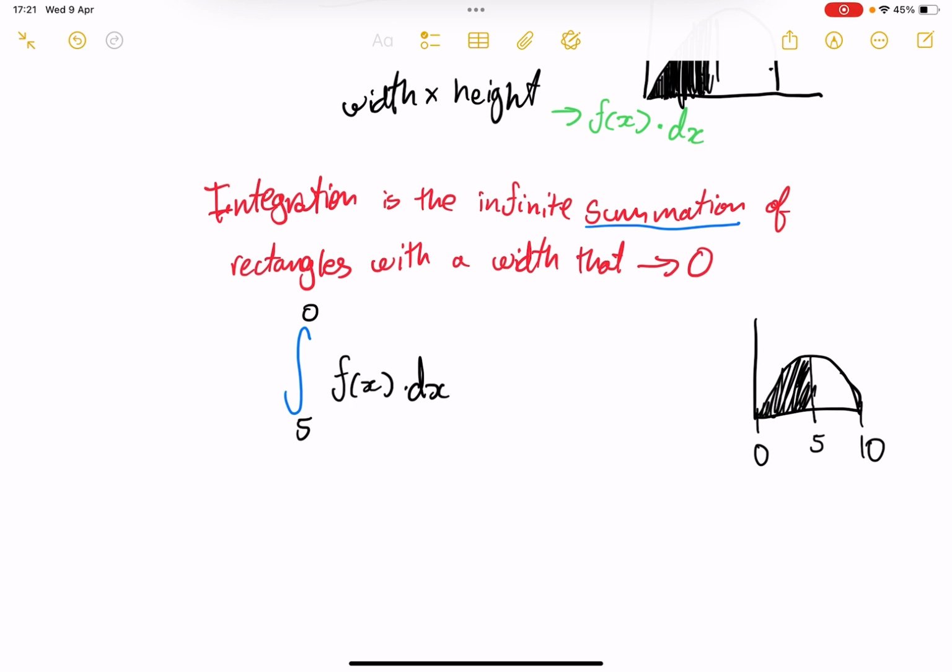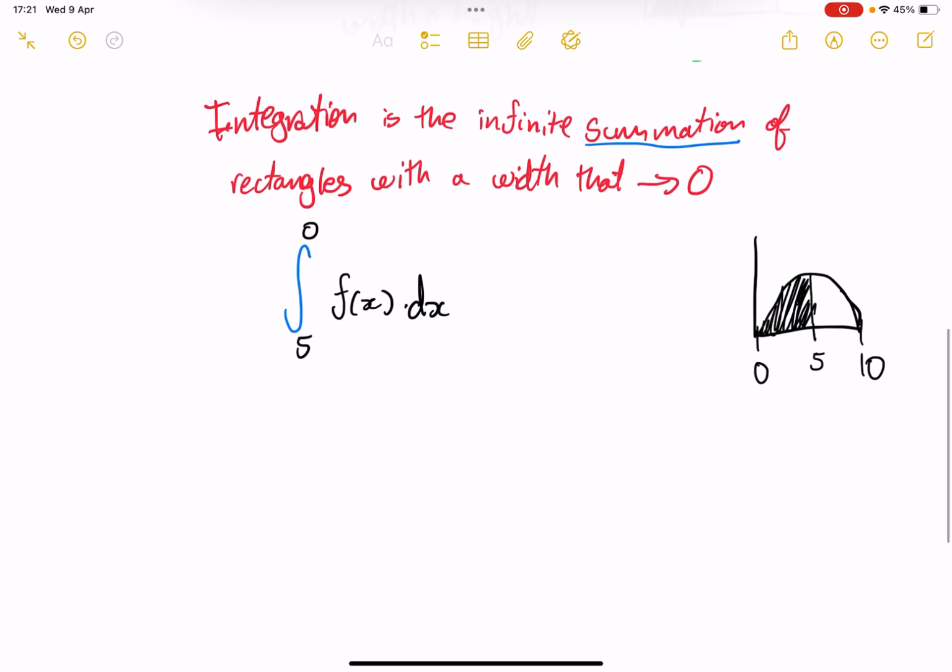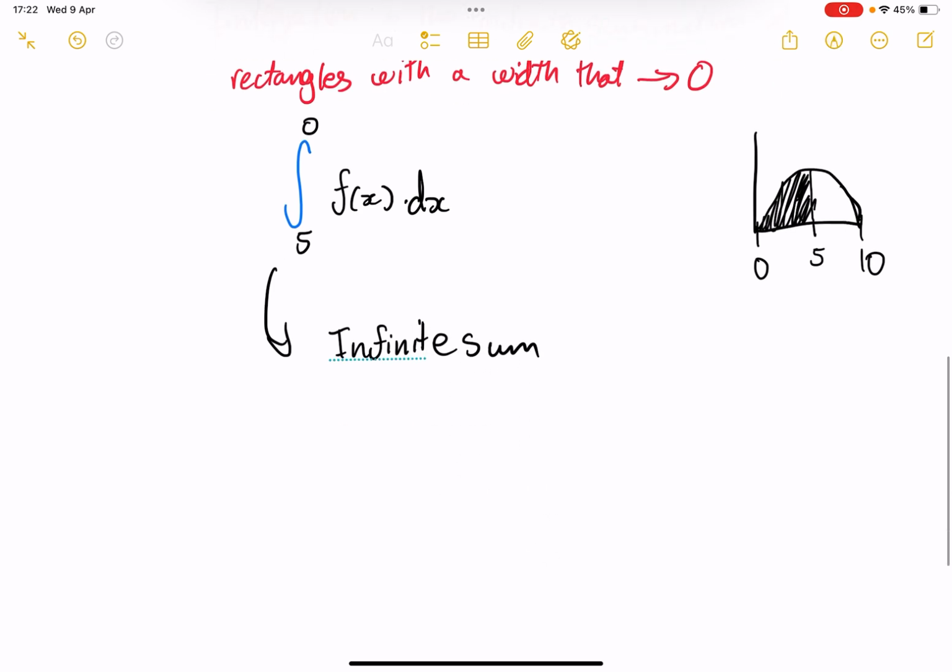So once again, let me just quickly break this down. What this formula is saying is that we are taking the infinite sum of rectangles which have infinitely small width.